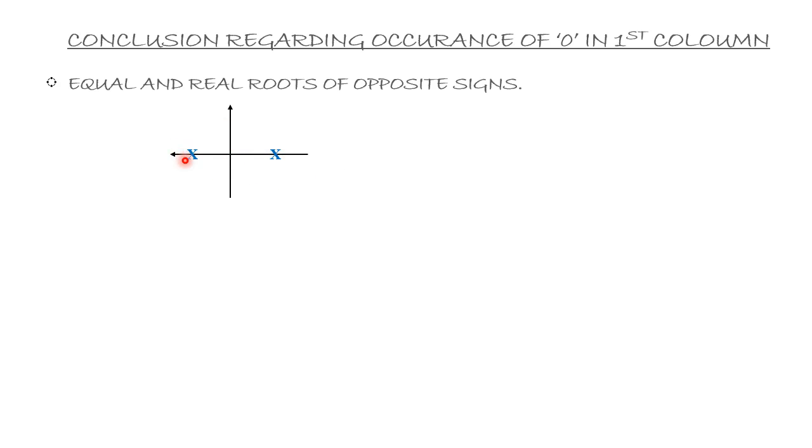Either the root will lie on this line, of equal and opposite sign, equal in magnitude but opposite in sign. So if we are getting 0 in the first column, only a single element 0, then it means either this or location of poles will be this and this, either on this line or this line, with equal magnitude but different in signs.